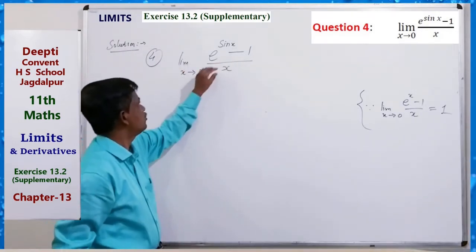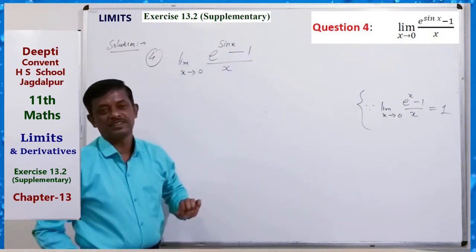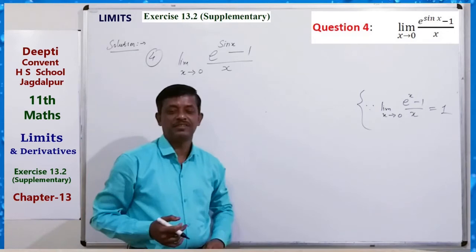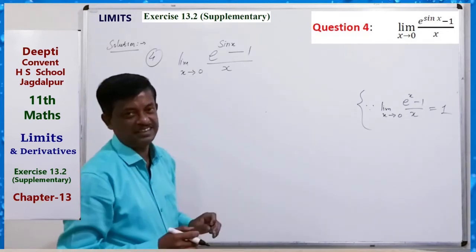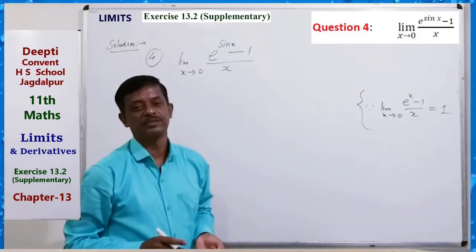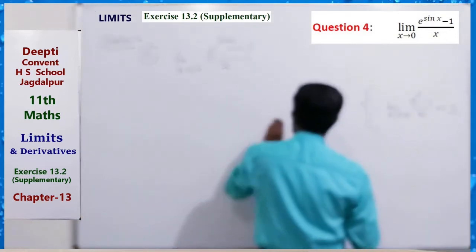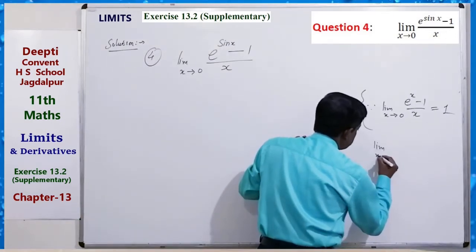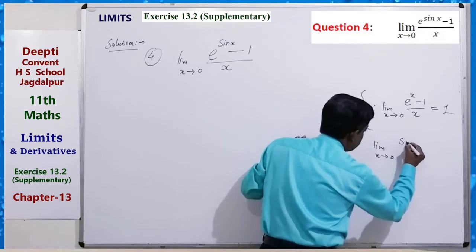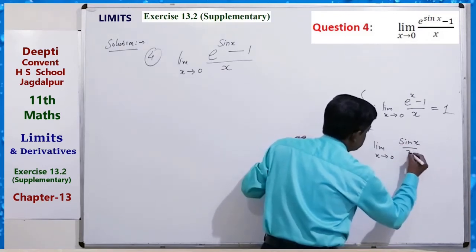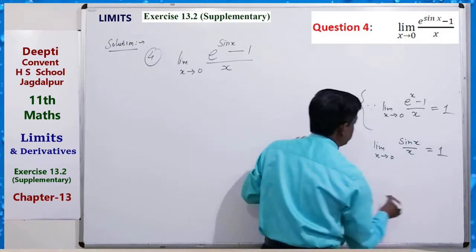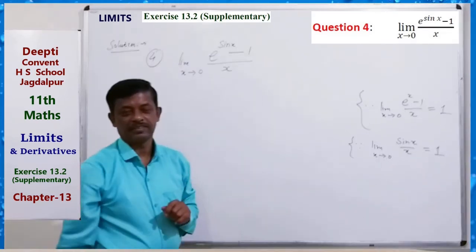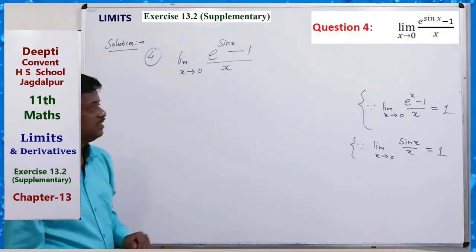If x tending to 0, we know sin x also tending to 0. So its limit should be 1. It can also be found by using other required formulas. Limit x tending to 0 of sin x upon x is equal to what? 1. We know this formula.